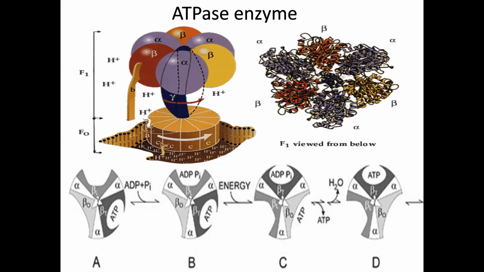The beta open subunit becomes loose, and the beta loose now becomes the new beta tight, thus binding the ADP and inorganic phosphate tightly.